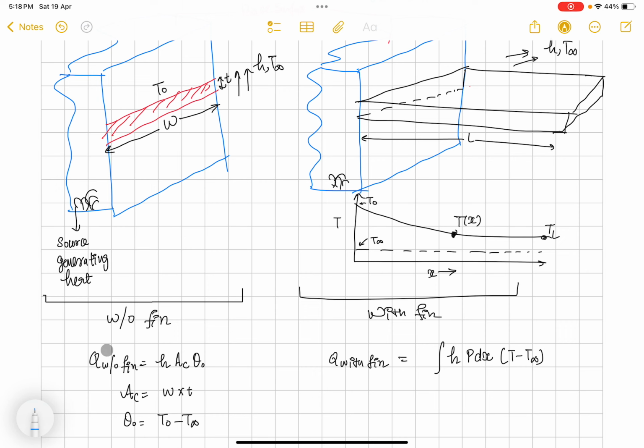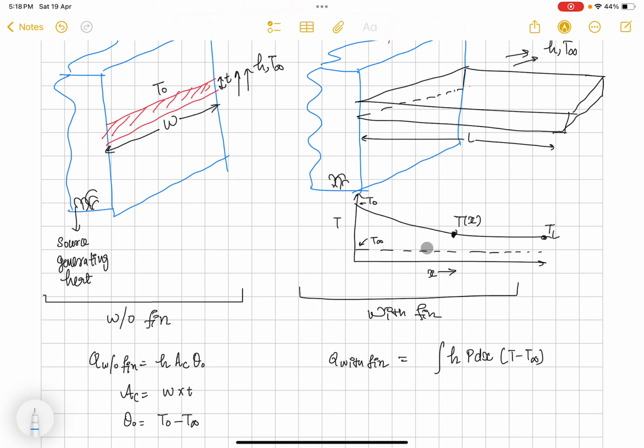So when there is no fin attached to the surface, heat transfer from the base surface without fin for this particular area is h times the cross-sectional area of the fin times theta naught. Theta naught means the temperature difference between the base surface and the surrounding fluid, T naught minus T infinity, and Ac is width times thickness.